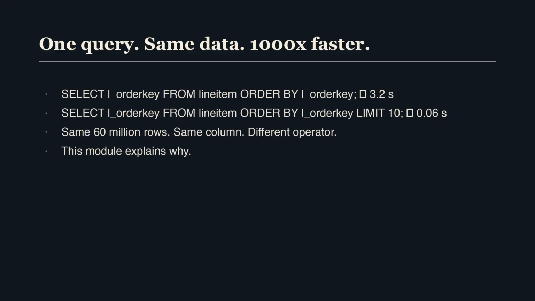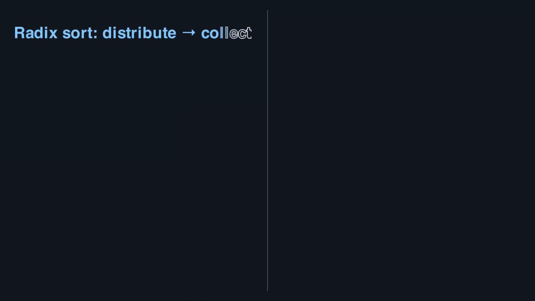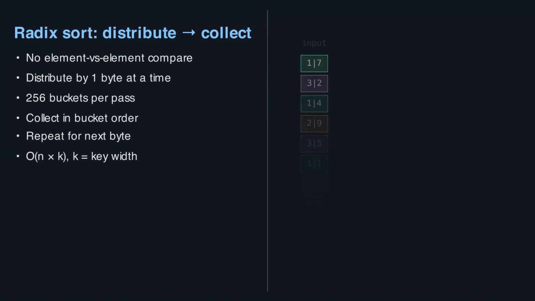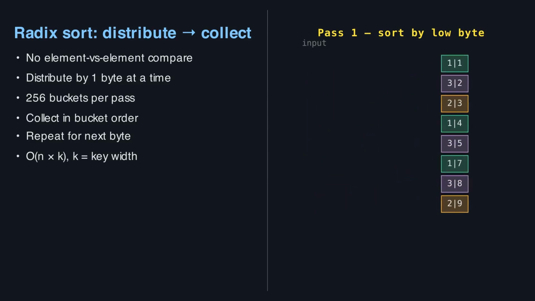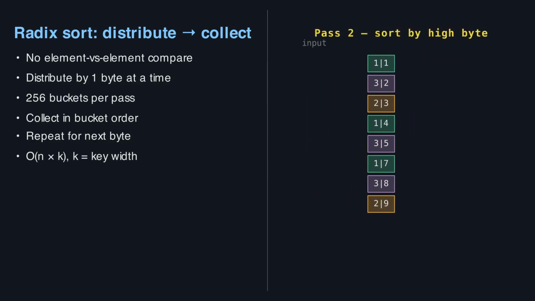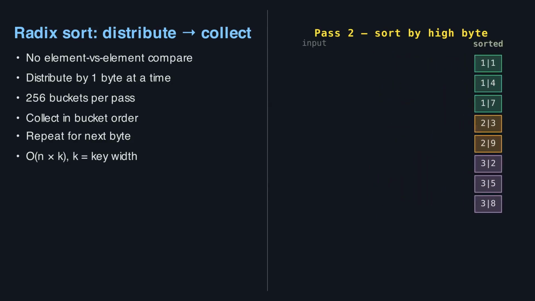This module explains why. A comparison-based sort like merge sort asks, is A bigger than B? Over and over. That costs O(n log n) comparisons. Radix sort takes a different path. It makes 8 passes over the data, 1 byte at a time. In each pass, it distributes rows into 256 buckets based on that byte, then collects them back in order.